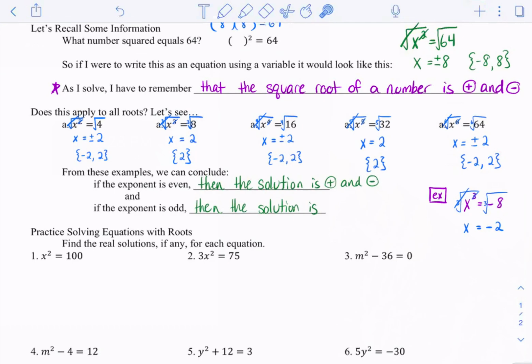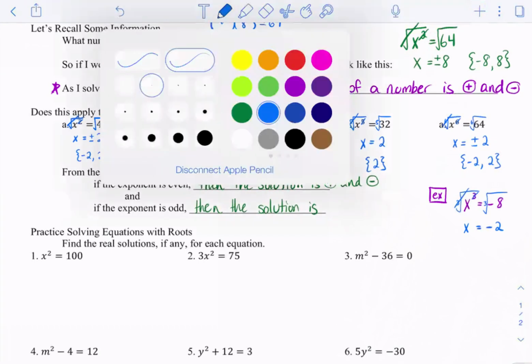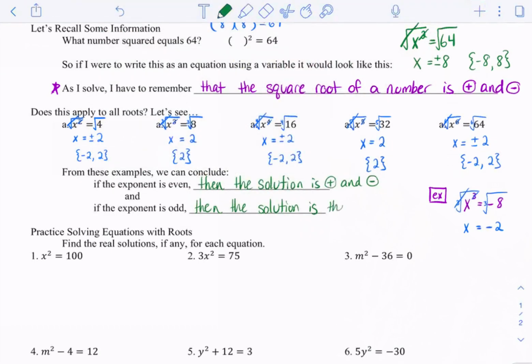Here it's a negative 8, so my answer is negative 2. And it's really important that you understand that. If inside the root it's positive, then my answer is only positive. If inside the root is negative, then my answer is negative.